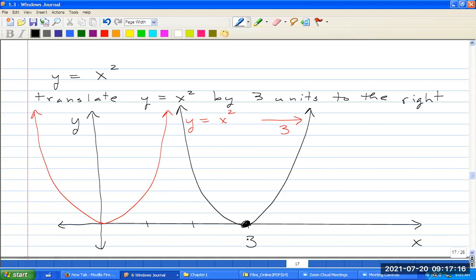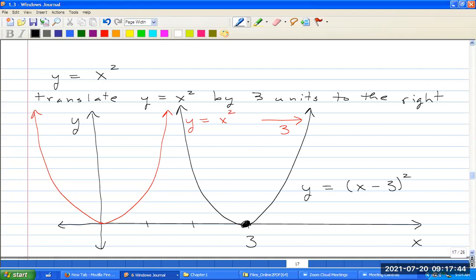I've taken the origin, this point here, and moved it 3 units over. I put a big point there because I missed the axes, so I'm trying to obscure that with a big splotch. And so this is the graph of y equaling x minus 3 squared. So I'm just hiding my errors.